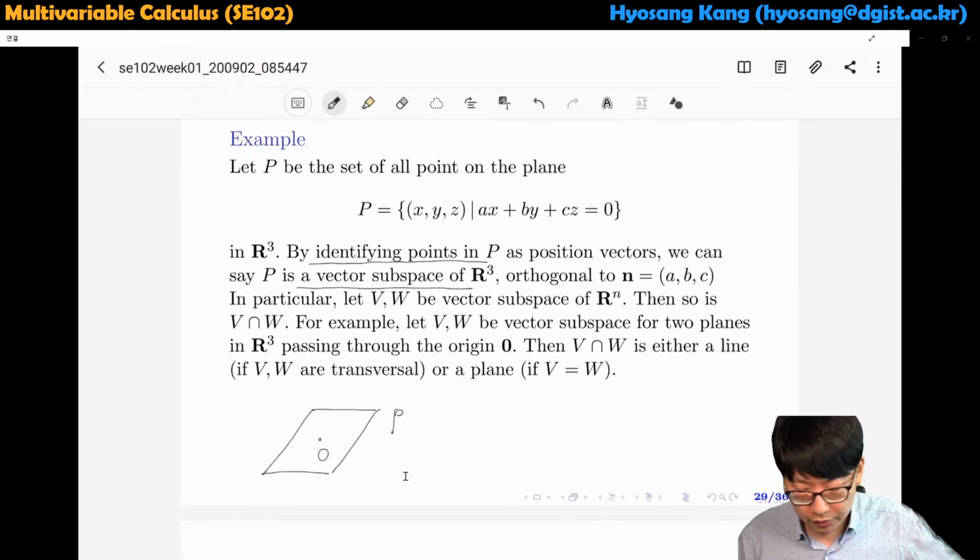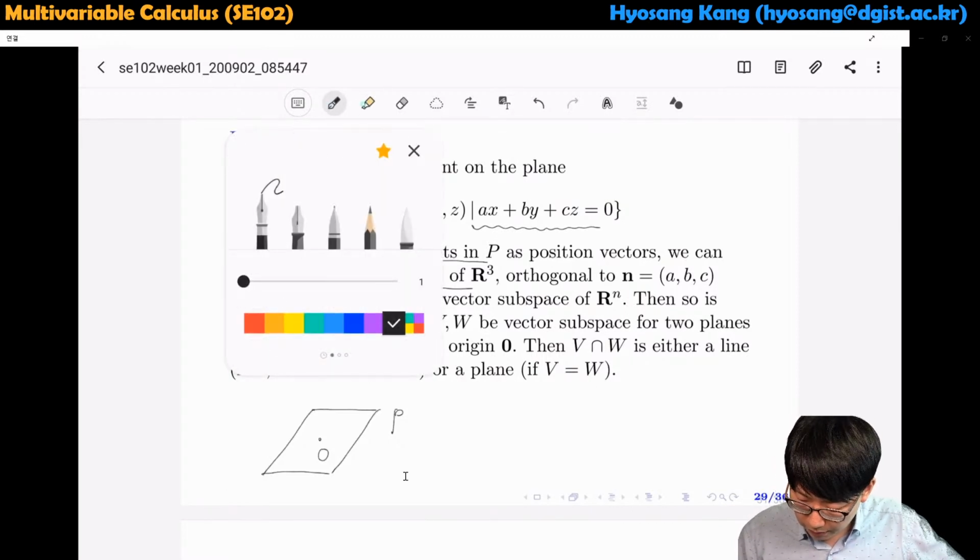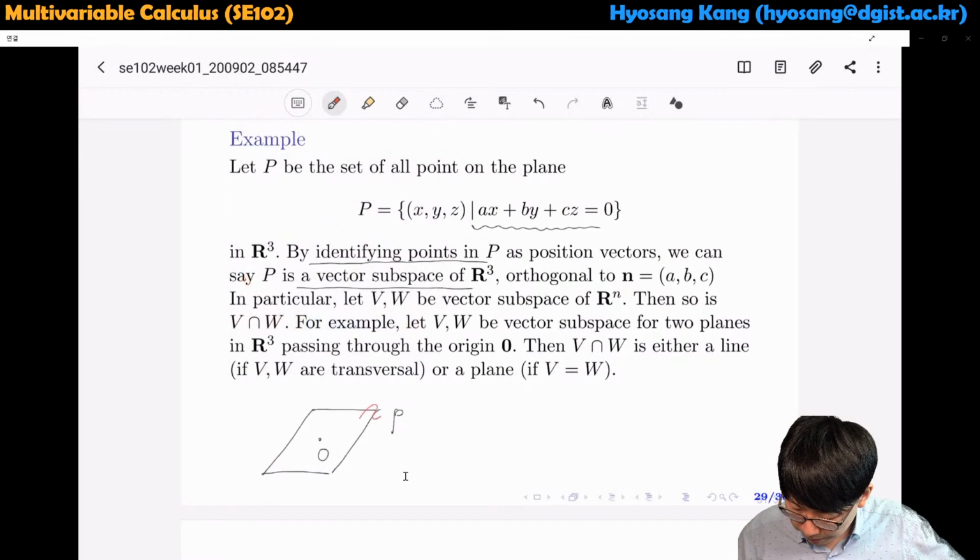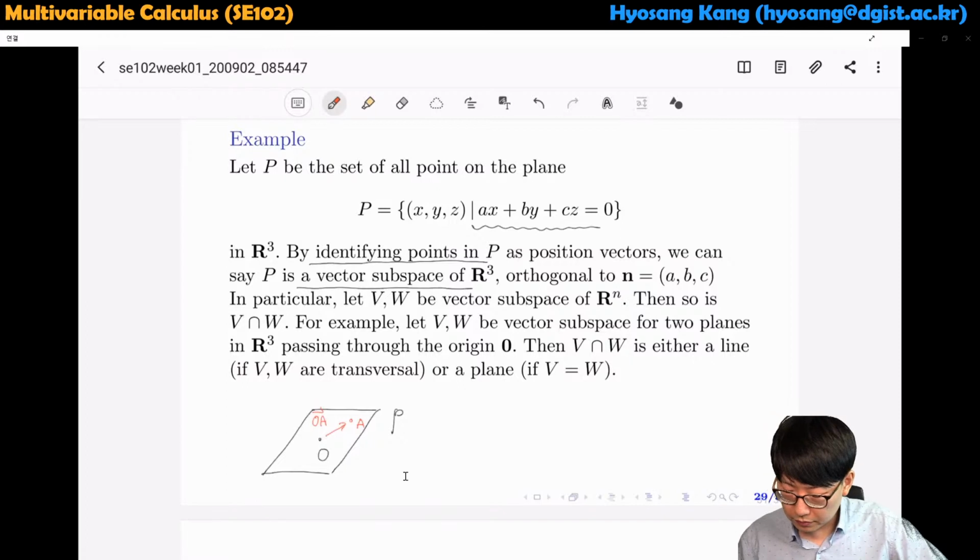P contains the origin because of its defining equation. I want to take a point inside this plane P as a vector, so if I have a point A, then my vector is the position vector OA. Then P becomes a two-dimensional vector subspace of the three-dimensional vector space R3.